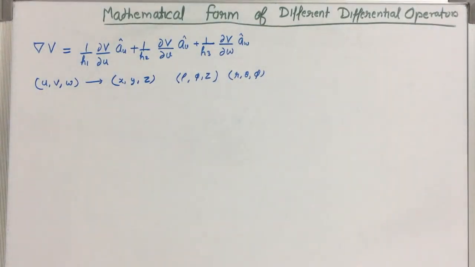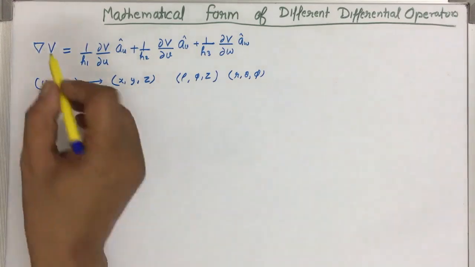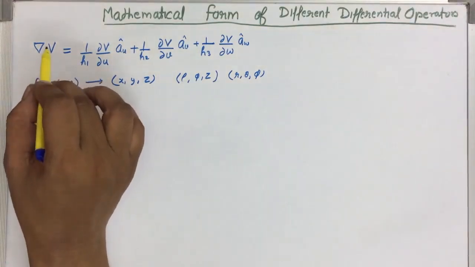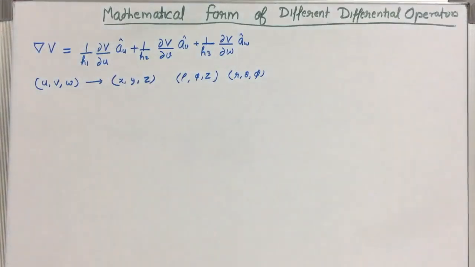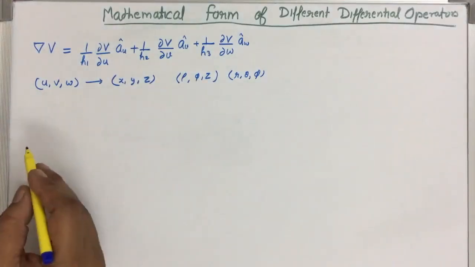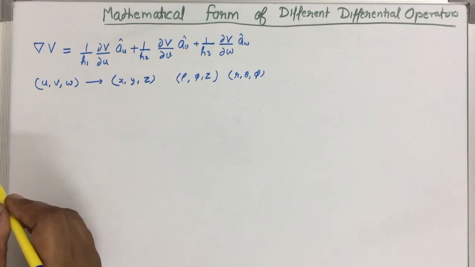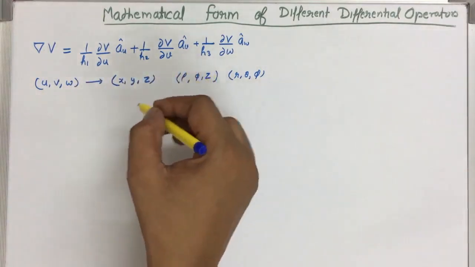So this is the generalized term for gradient of V in any coordinate system. Now let us talk about cylindrical. We will talk about h1, h2, h3 after some time.